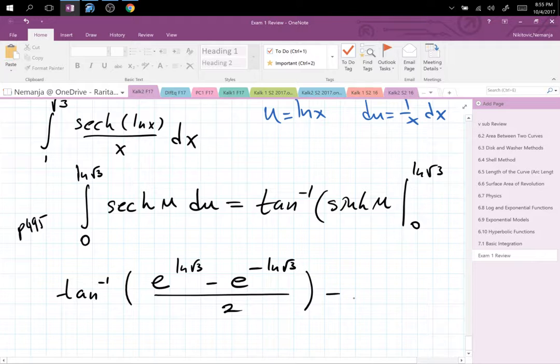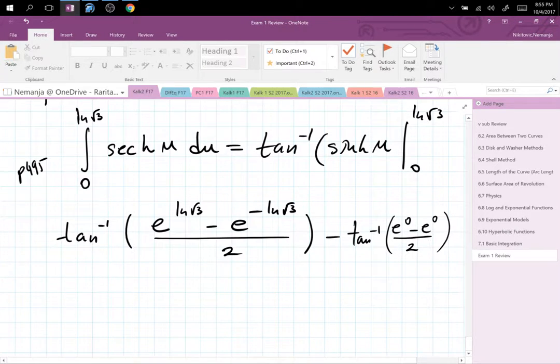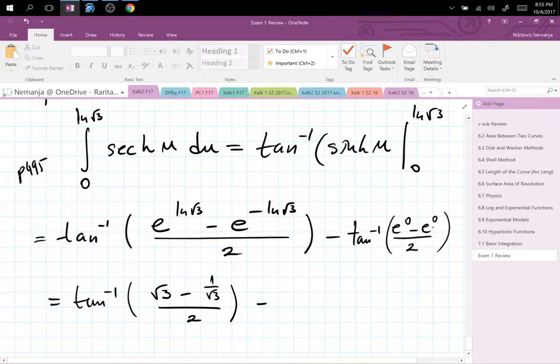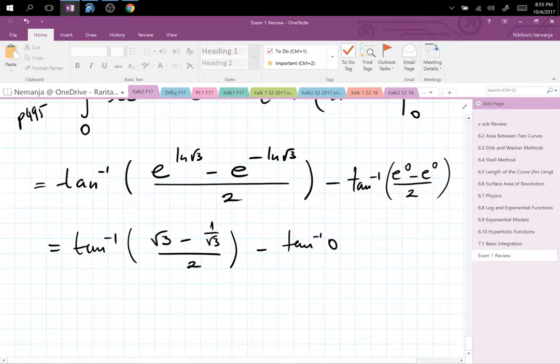Minus tangent inverse of e to the 0 minus e to the 0 over 2. You can see that's 0 right away, right? Tangent inverse, ln e cancels, you get root 3, minus 1 over root 3, everything over 2, minus tangent inverse of 0, which is also 0.